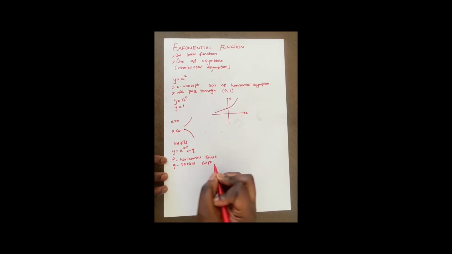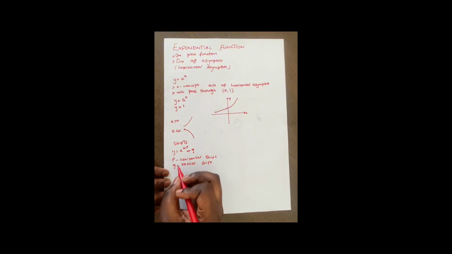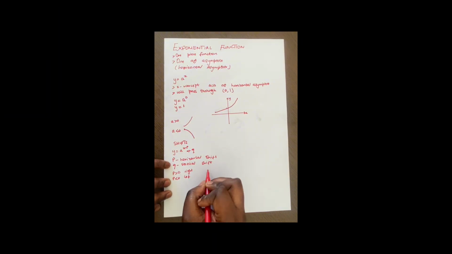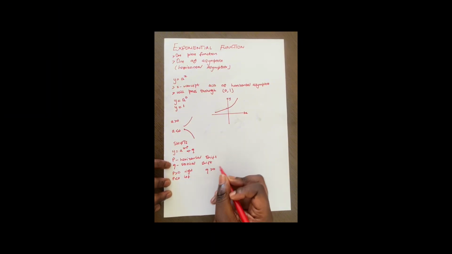If p is greater than 0, your graph will shift to the right. If p is less than 0, your graph will shift to the left. If q is greater than 0, your graph will shift upward. And if q is less than 0, your graph will shift downward.